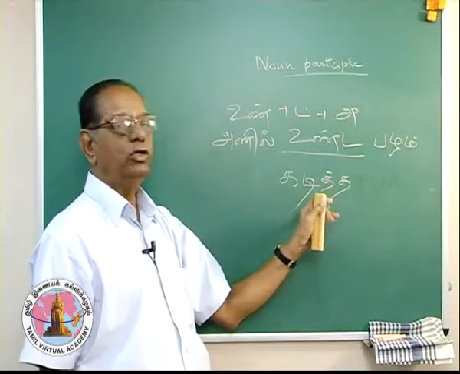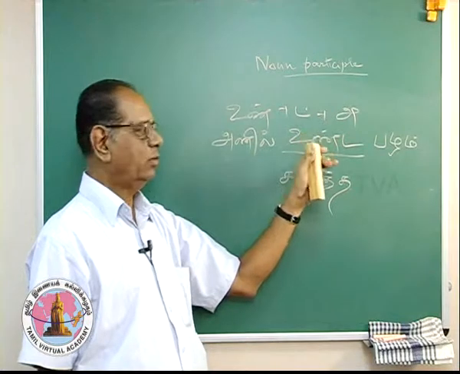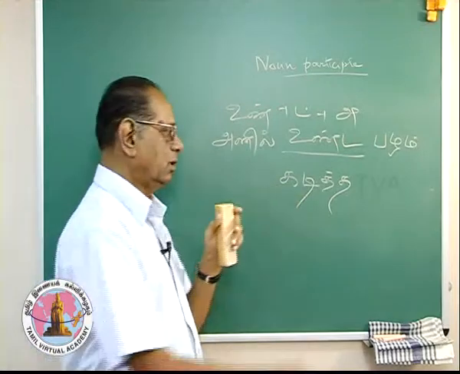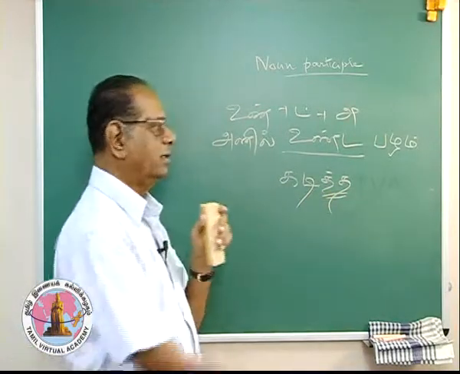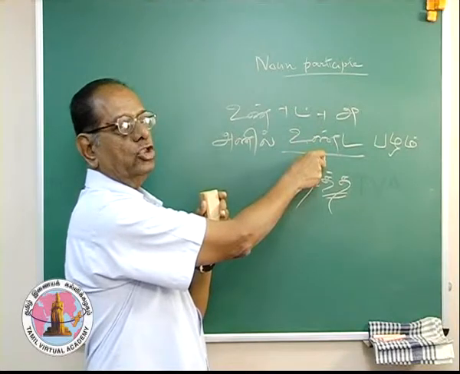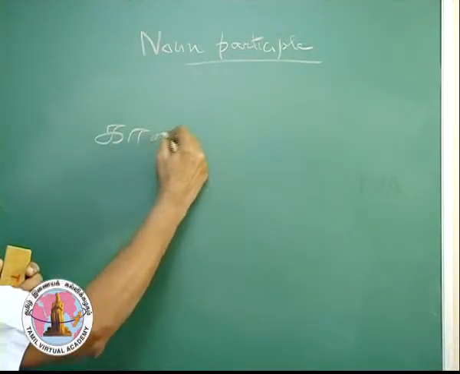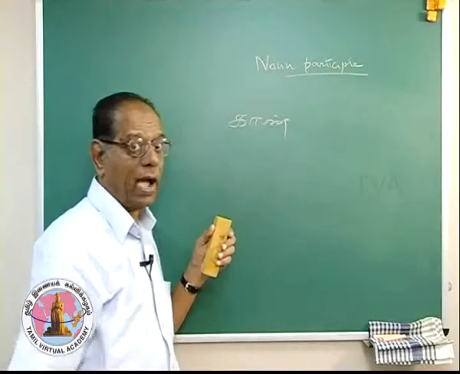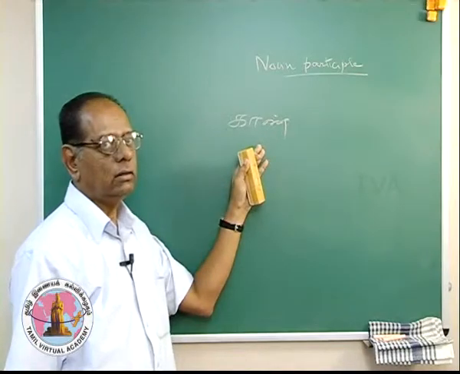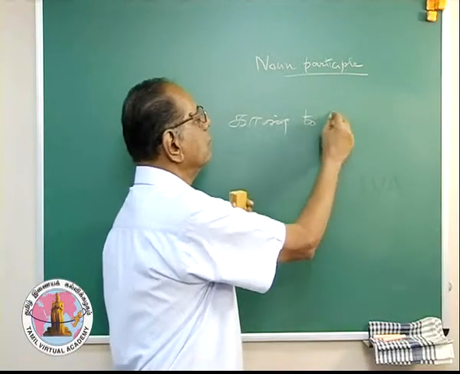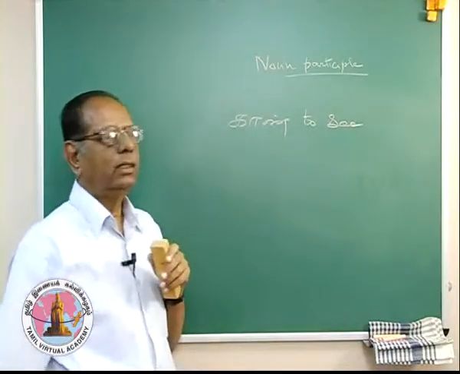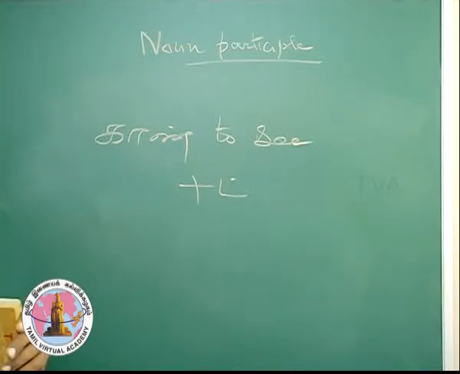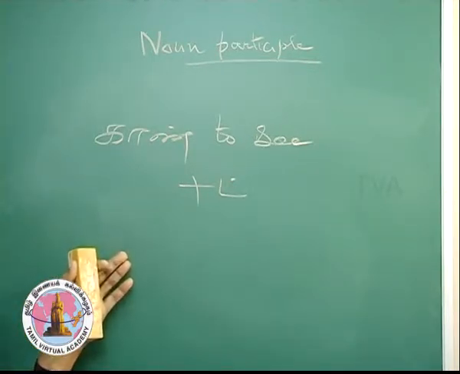Anil kaditha param. Anil unda param. Now we have seen two verbs with different combinations. This gets doubled and this accepts it without any change. To remember this verb, we learnt it very long back. Kan, to see. It accepts the past tense. What happens? Do you remember?